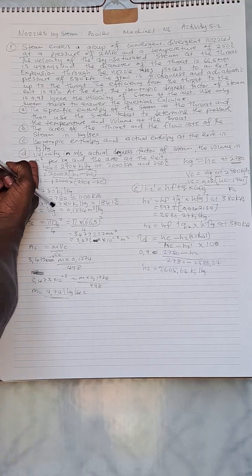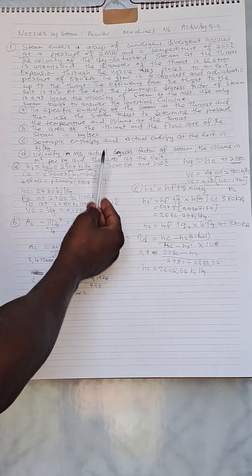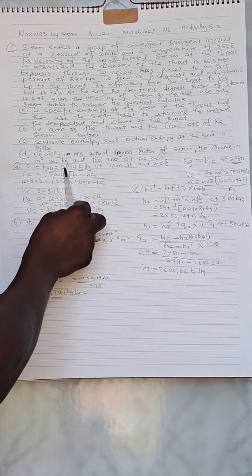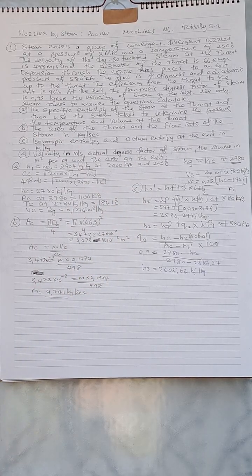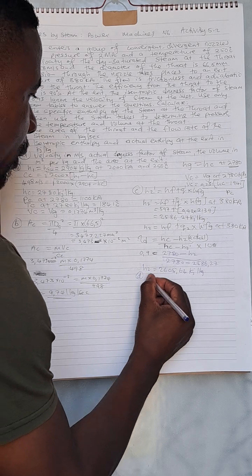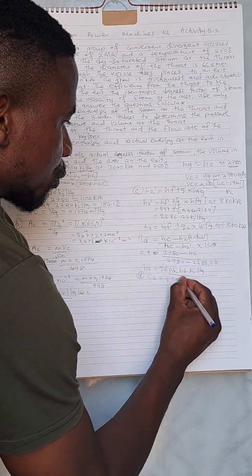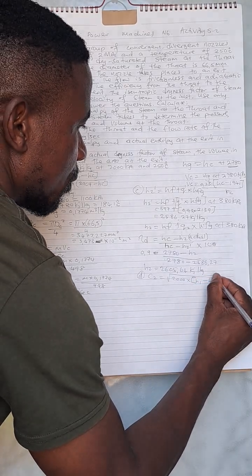We can now easily go to number D: the velocity in meters per second, actual dryness factor of steam, volume in cubic meters per kg, and the actual area at the exit. So they want conditions at the exit. So we can start by saying C2 equals square root of 2000 into H1 minus our H2.